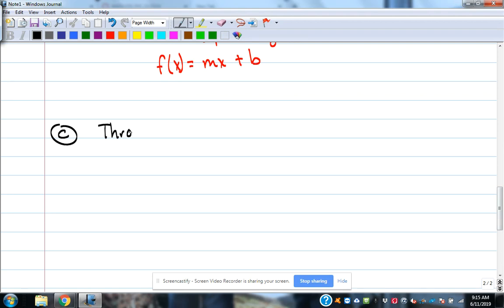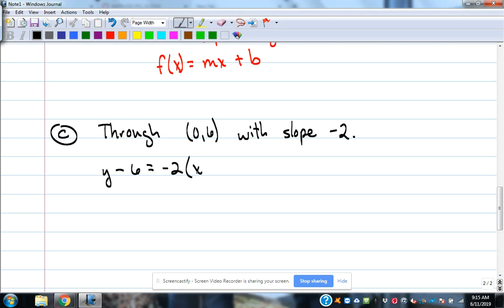If we say we want to write the equation that goes through 0, 6 with a slope of negative 2, if I write that equation in point slope form first, then I would write y minus 6 equals negative 2 parentheses x minus 0. And then if I take that equation and solve it for y, get y by itself, then I've got it in slope intercept form. That's the relationship that we can build between point slope form and slope intercept form.